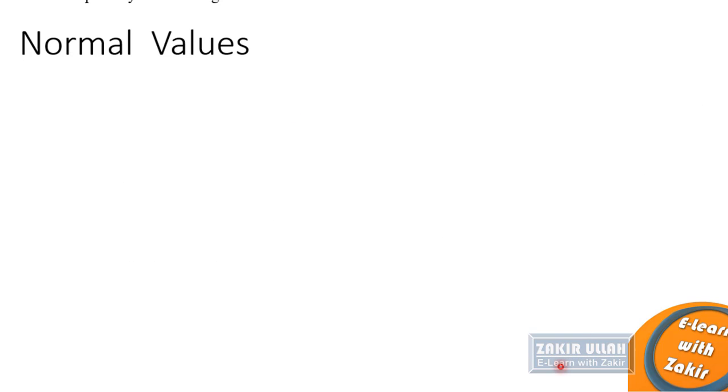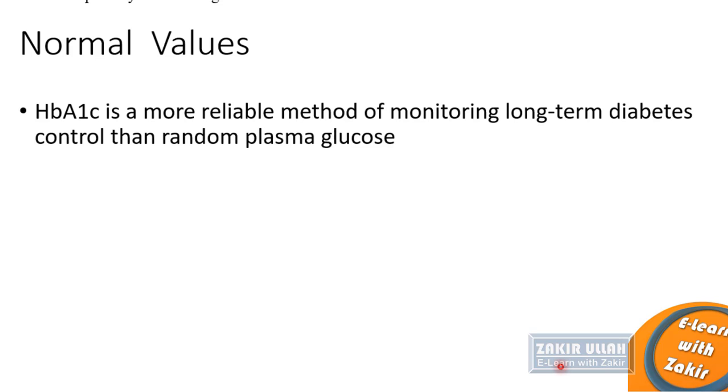Coming to the normal values of glycated hemoglobin, HbA1c is a more reliable method of monitoring diabetes than the random plasma glucose level, because when a patient has a random plasma glucose test, certain substances, medicines, or foods can affect the result.